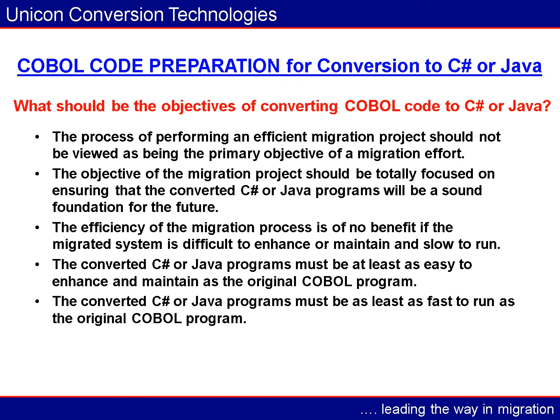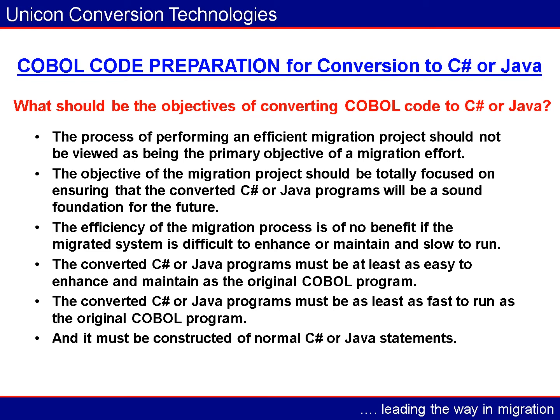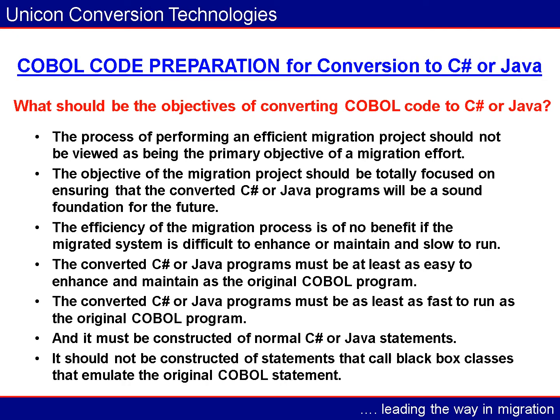The converted C# or Java programs must be at least as fast to run as the original COBOL program. And it must be constructed of normal C# or Java statements. It should not be constructed of statements that call black box classes that emulate the original COBOL statements.